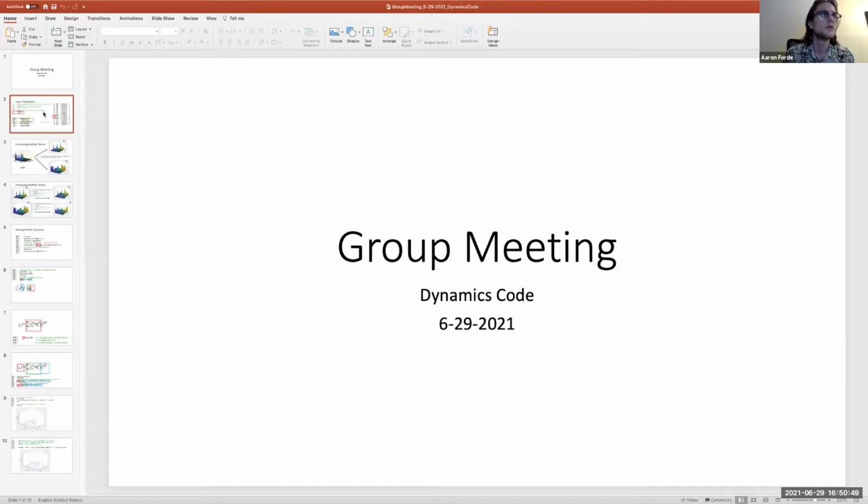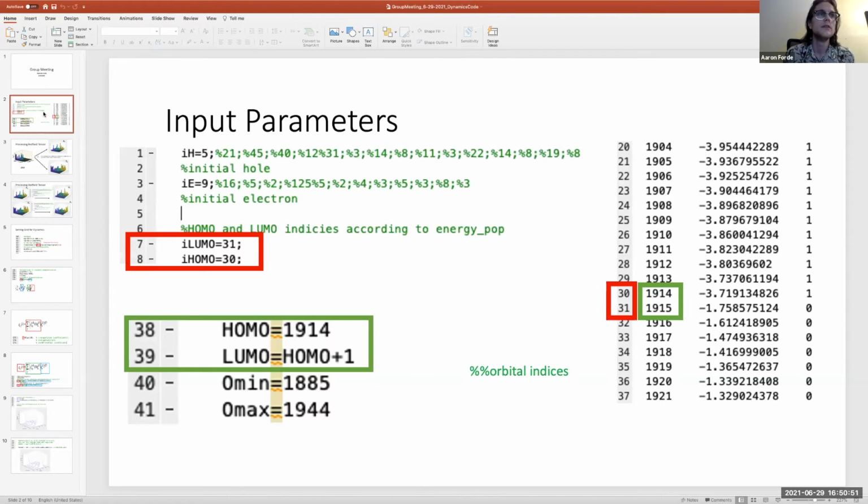Yeah, I guess first I'll just show the input parameters that usually have to change when running the codes. These green boxes show the usual ones for the input files, and then there's a small change where I also have to update these iLumo and iHomos, which you can still get from the energy file.